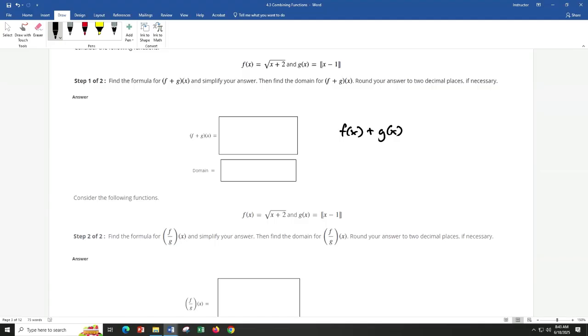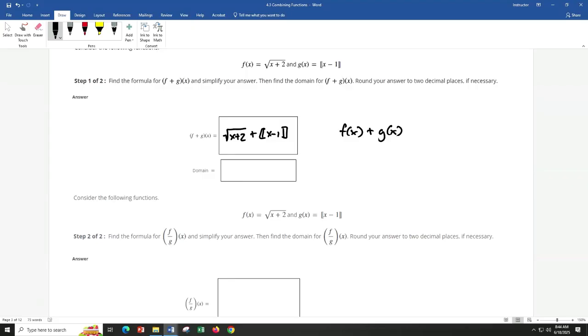So notice my f of x is the square root of x plus 2, and then I have plus this x minus 1. There you go. You literally just added the two functions together, right?